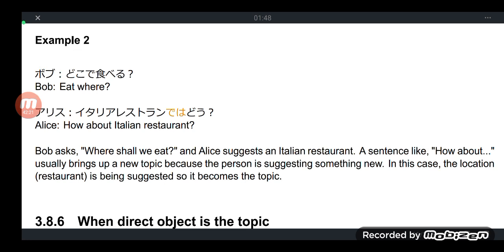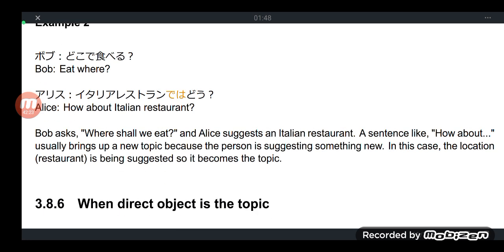So more examples. Here. Doko de taberu. Eat where? And then, how about Italian restaurant? Italian restaurant de wa do.